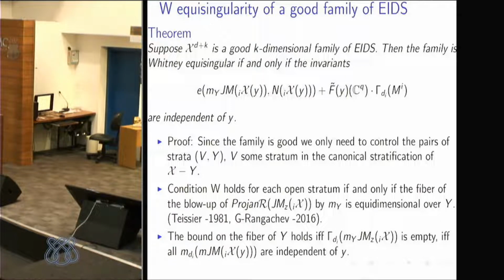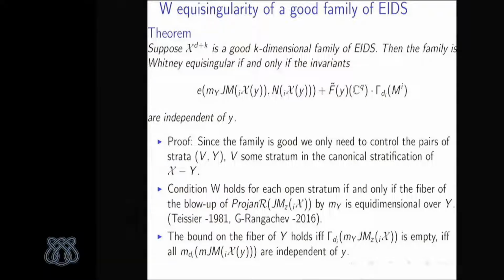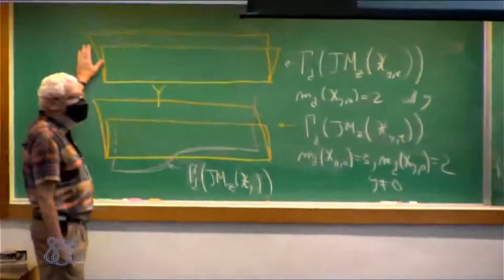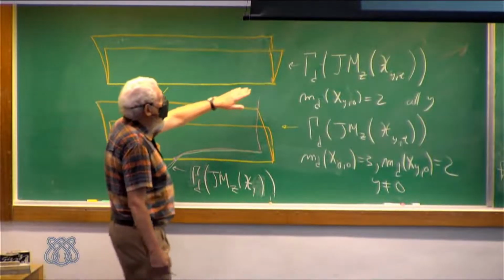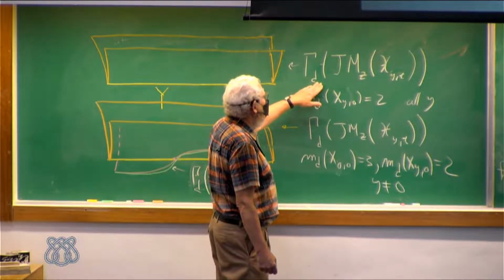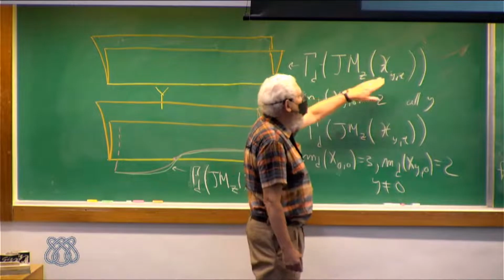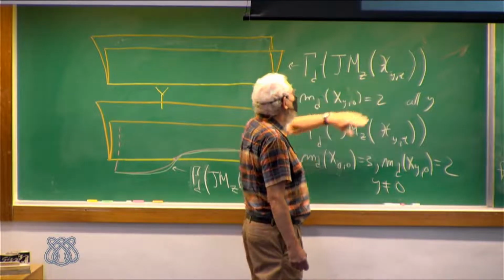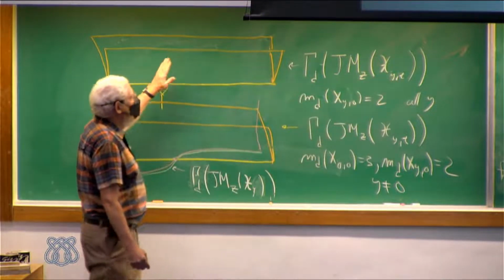And this is a proof by picture. So this is an example where the polar of codimension D of a two-parameter family is a pair of surfaces.